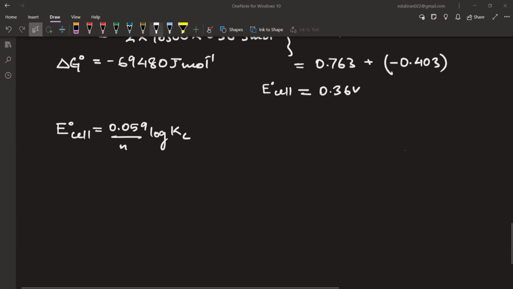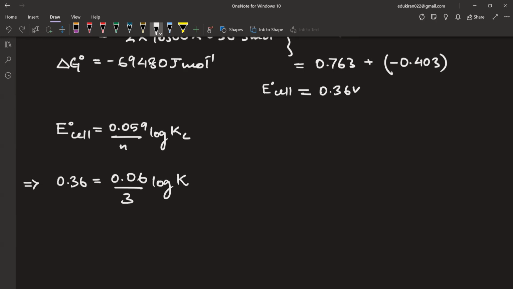देखिए. चलिए बताइए. What is E naught cell? Fatima. 0.36. 0.36 is equal to 0.06 कर देते हैं इसको. Divide by 3 log Kc. ठीक है. नहीं sorry 3 नहीं होगा, वहां पे 2 होगा. My bad. This is 2. Kc. ये हो जाएगा आपके पास 0.03. So now log Kc will be equal to क्या हो जाएगा बताइए.